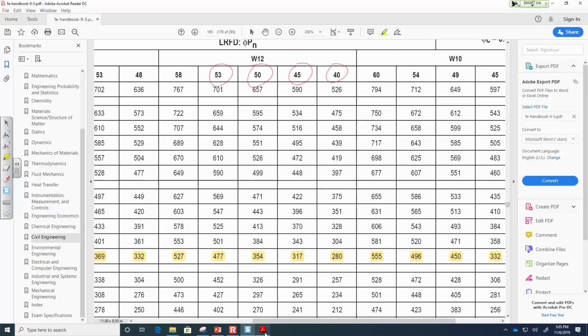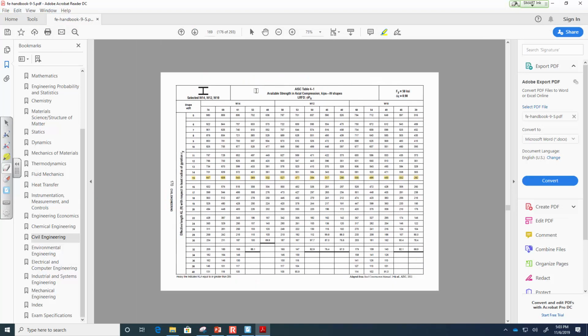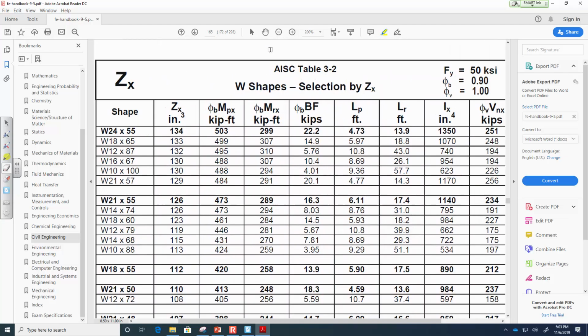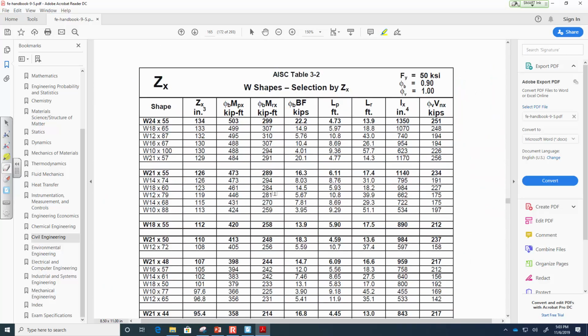Okay, let's go to the manual. I want to go here. Does everybody remember this table? Yes. Okay. So this is the Zx table, and we're looking at a 24 by 55. So I want to look at these properties.